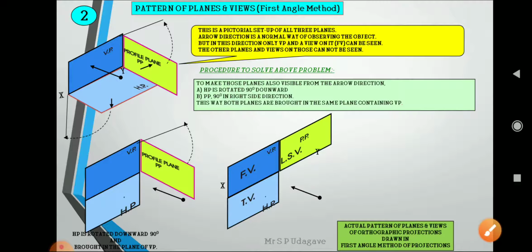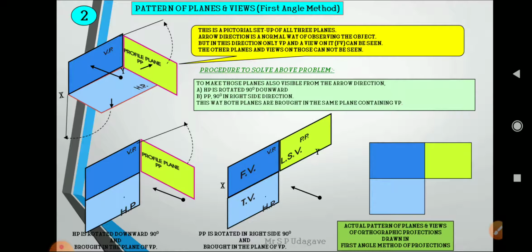That is the actual pattern of planes and views of orthographic projection, drawn in the first angle projection. This is the first angle projection method. We can see the VP shows the front view, the HP shows the top view, and in the profile plane we can see the left hand side view, because the profile plane is taken on the right hand side in the first angle projection method.